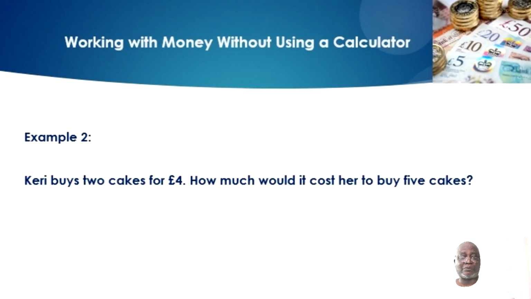Here is another example. Kerry buys 2 cakes for £4. How much would it cost her to buy 5 cakes? Can you figure this out? What are the key points here? She bought 2 cakes and she wants to know how much 5 will cost. What do you do?